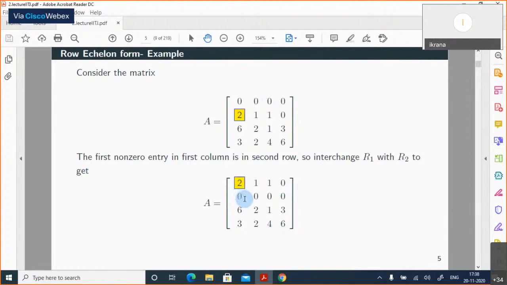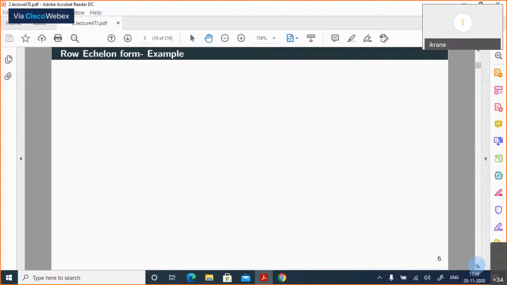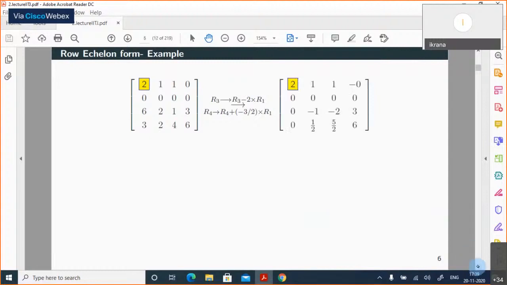Once that is done, you go to column number 2, and do the same thing, but ignore the first row, ignore the first column, and look at only the remaining part of it, and do the same operation. So let us do that. Once that is done, after these operations, we'll get this. So this will be the matrix.